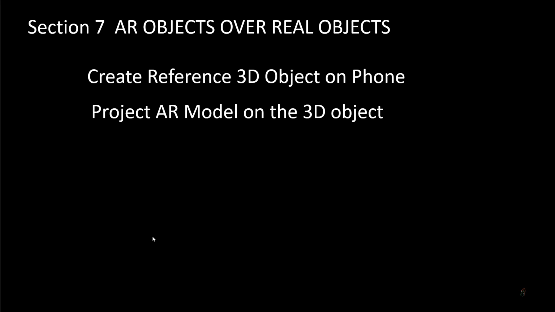Or for example, if you focus your camera on a car engine, immediately you should see the inside model of that car. This is superimposing a virtual object over the real object. We are going to create an app for this concept in our 7th section.